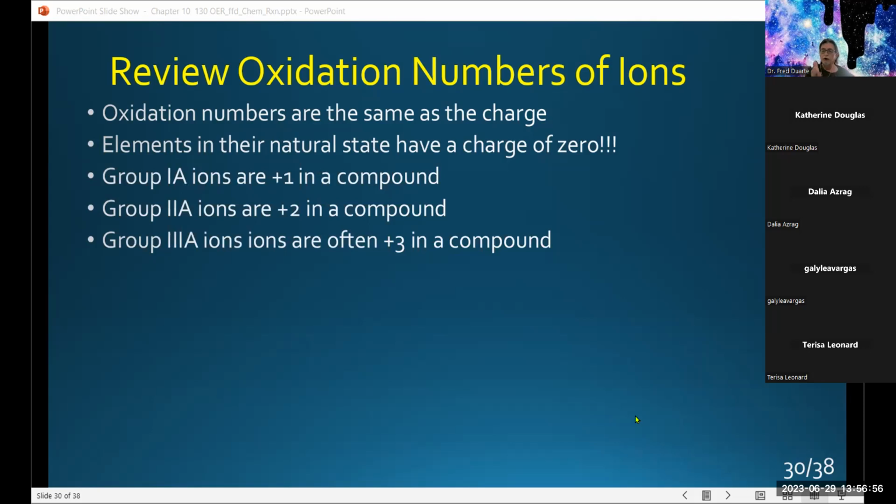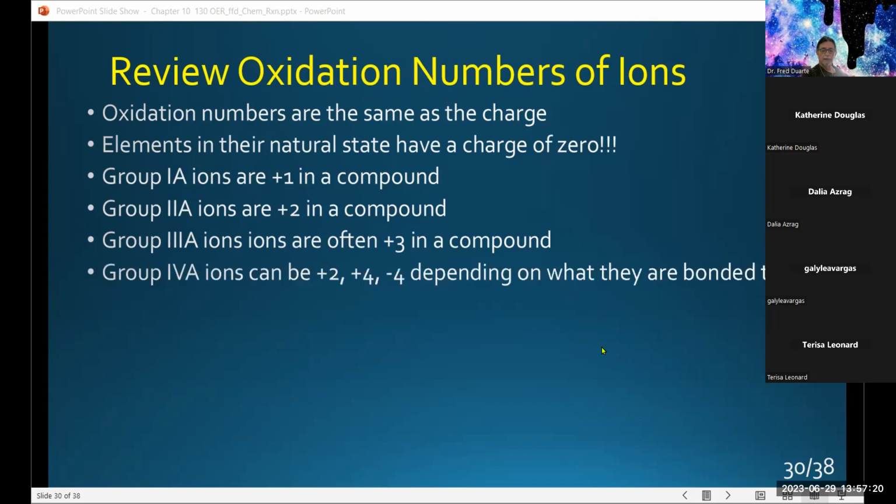Recall that these are metals, and metals have the tendency to lose electrons, and by losing electrons, the next energy level in is full, and that happy magical octet has been fulfilled. It's all about trying to obtain that octet.